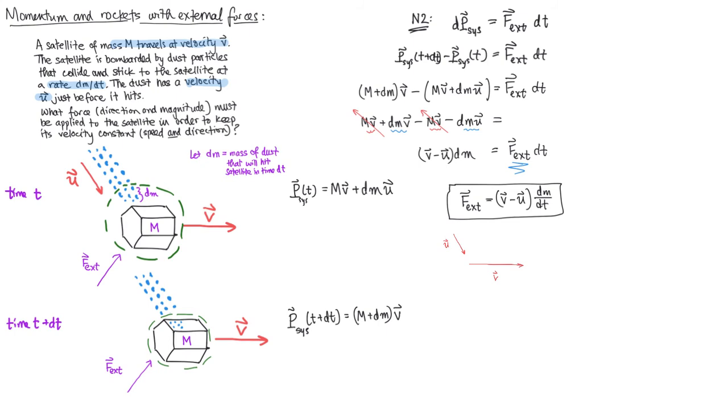So if we make a negative u vector, like so, and we add that to v, or if you like, you can do tip to tip for vector subtraction, but it's the same. We have v minus u. So we know F net has to be proportional to that blue vector, has to point actually up and to the right.